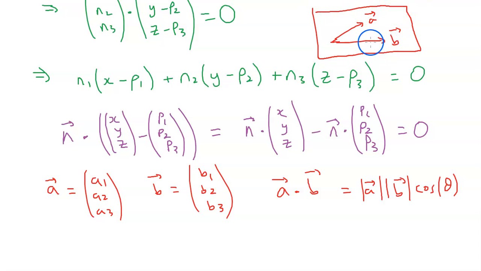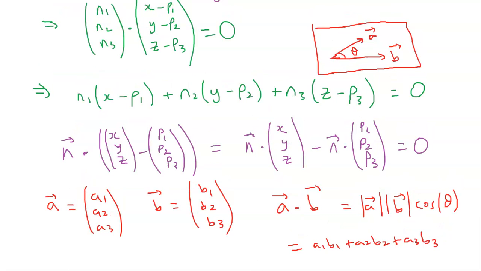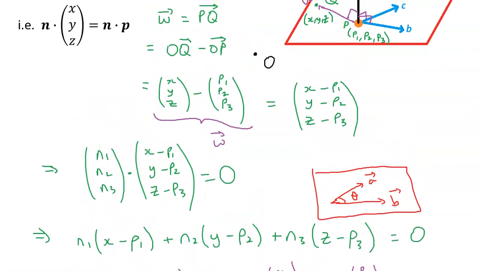So they're three-dimensional vectors, but together they make a two-dimensional plane. So theta would be this angle here. And you can quickly use the cosine rule to prove that this is equal also to A1 B1 plus A2 B2 plus A3 B3. Anyway, back to what we were doing before.